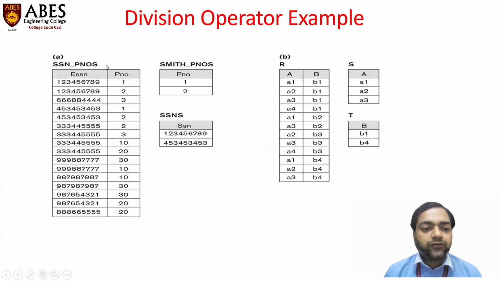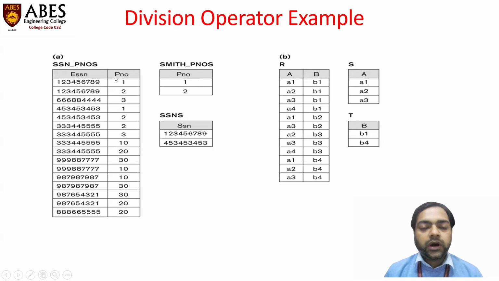Here we have two tables. First, we have SSN_PNOS, and we have SMITH_PNOS. Under SSN_PNOS, we have two attributes, ESSN and PNO, and in the other table we have only one attribute, PNO.